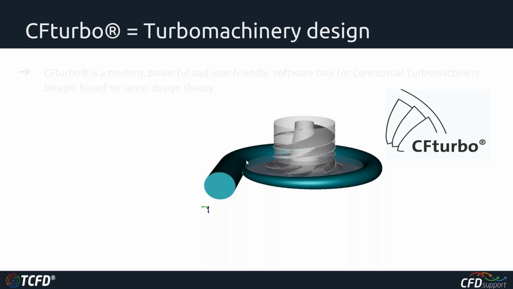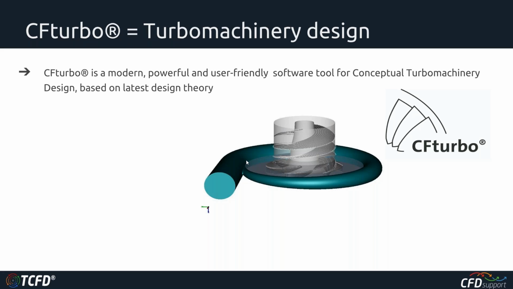Well, CFturbo is a German company that produces a turbomachinery design package, which we call a conceptual design package, because it's based on the latest design theory for turbomachinery design. And what you can do with that tool is design almost any of the turbomachinery machines that are out there.